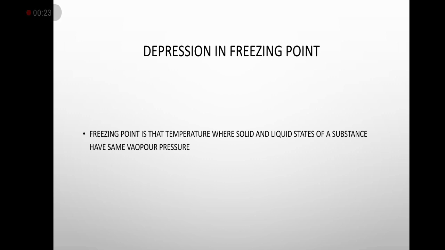In the earlier colligative property, we learned that when we add a non-volatile solute to a volatile solvent, the vapor pressure decreases. As the vapor pressure of the solution decreases, the temperature required to get the vapor pressure of the solid and liquid states to be equal also reduces. Consequently, there is a decrease or depression in freezing point.